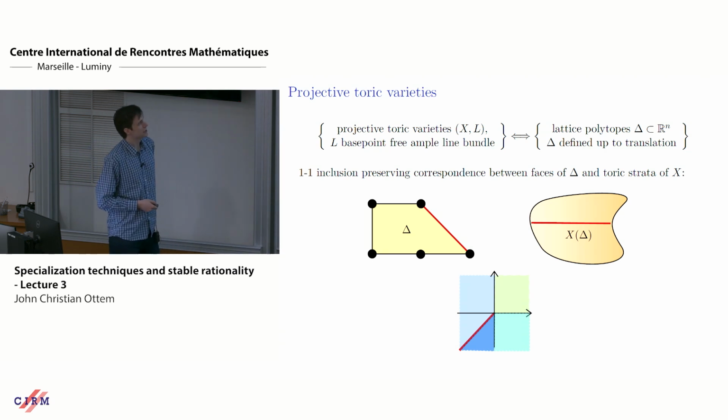So this particular example is the first Hirzebruch surface. So it's the blow-up of P2 at a point. But the main point is that there's a correspondence between the toric strata, so like this one, and the torus invariant subvarieties of the toric variety. So this red facet here corresponds to the exceptional curve in the blow-up.